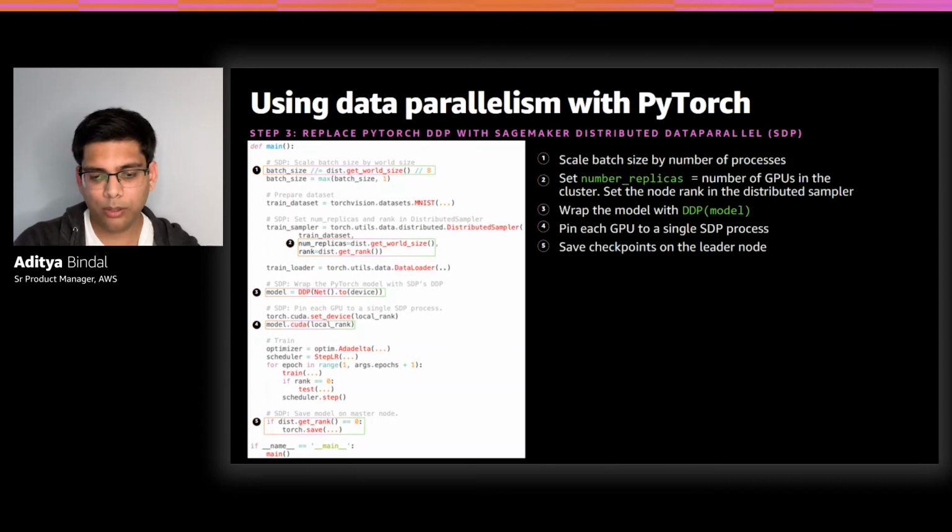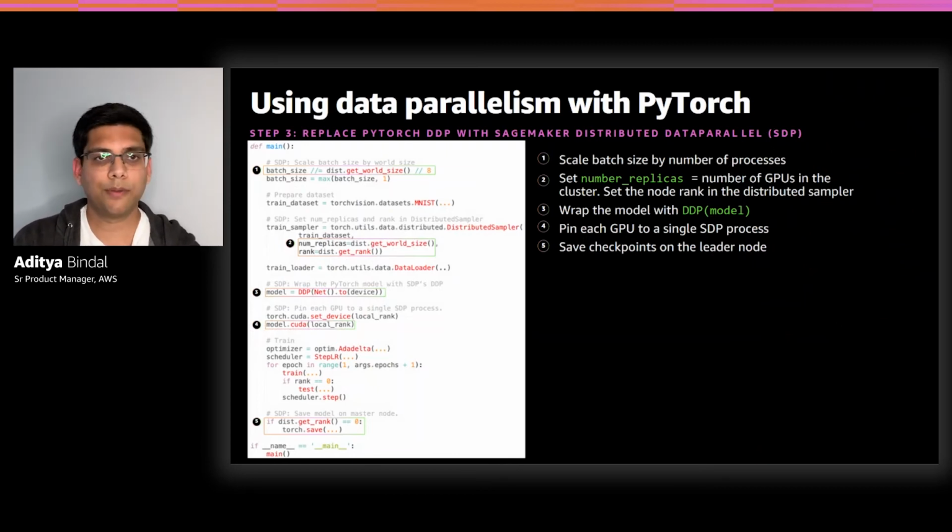We wrap the model with our version of DDP that's available in the SM distributed library, and then we pin each GPU to a single SageMaker data parallel process. Finally, we save checkpoints only on the leader node, and if you've used DDP, all of this should look identical to what you do today. And that's it. Those are the only changes you need to make.